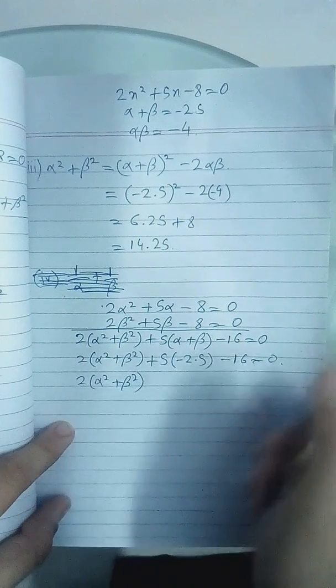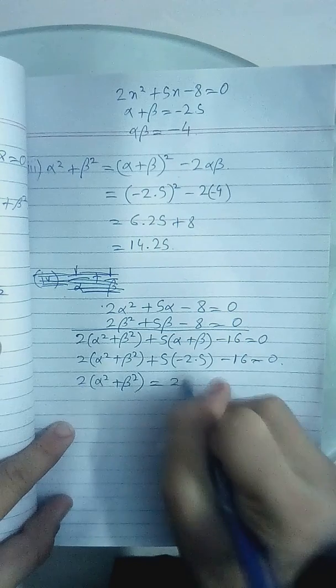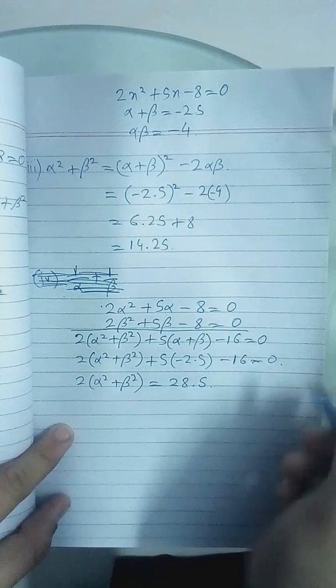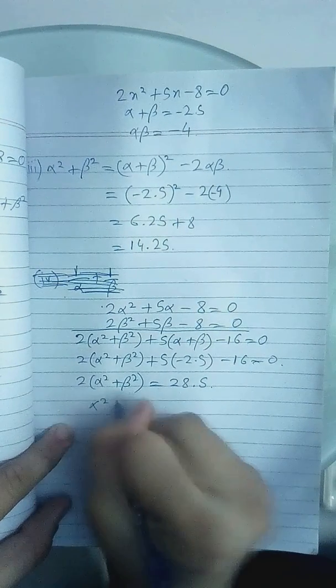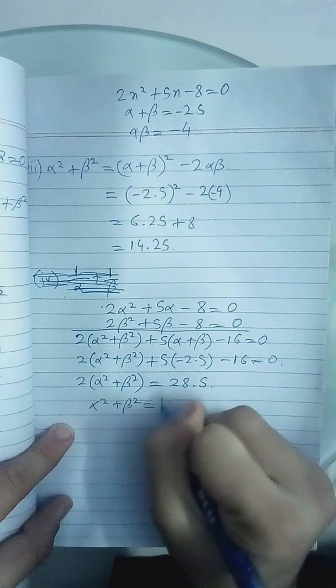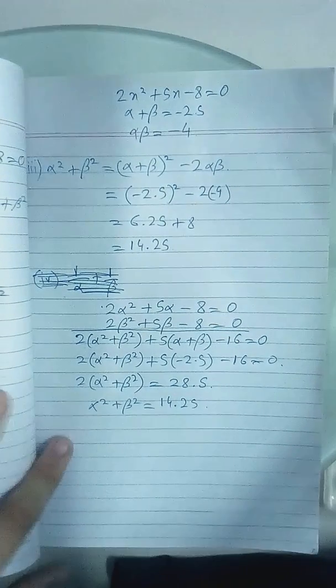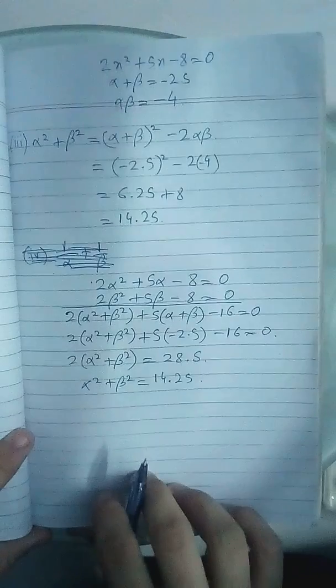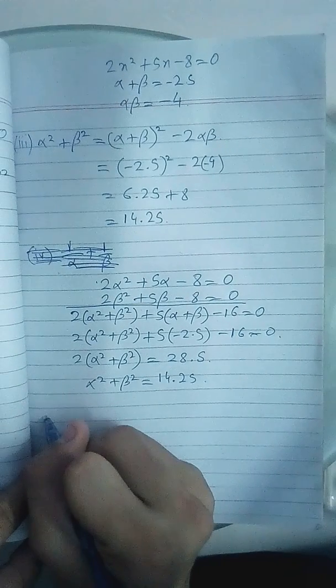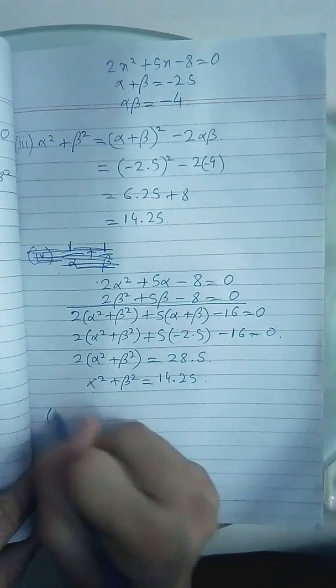Just solving it on both sides, we are getting 28.5 on the other side, and alpha square plus beta square equals 14.25. So that's another method to obtain the value of this expression.